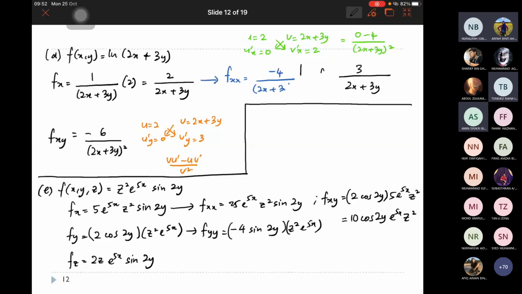Okay. But if you want to find fyx, akan dapat 5 kali 2, 10 exponential 5x z squared cos 2y. Okay. That is fyx.